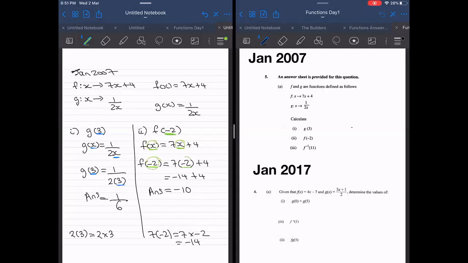Are you okay with the concept that wherever I see x, I need to put minus 2? Okay. So then we have 7 open bracket minus 2. I'm saying that we have to look at it as 7 because numbers on the outside of brackets mean multiplication. But I'm saying a positive times a negative is a negative. So 7 times minus 2 is how I got the minus 14. Okay with the minus 14?